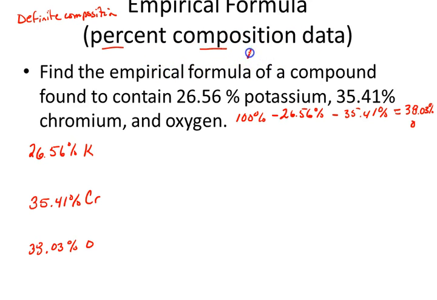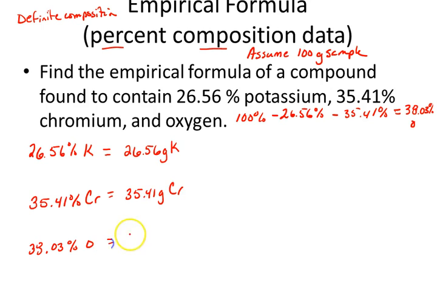However, if we assume a 100-gram sample, the problem becomes very easy because 26.56% of 100 is equal to 26.56 grams of potassium. 35.41% of that same 100 is 35.41 grams of chromium, and the same holds true for the oxygen, 38.03 grams of oxygen.